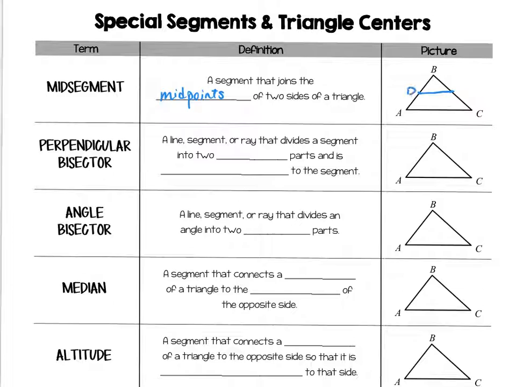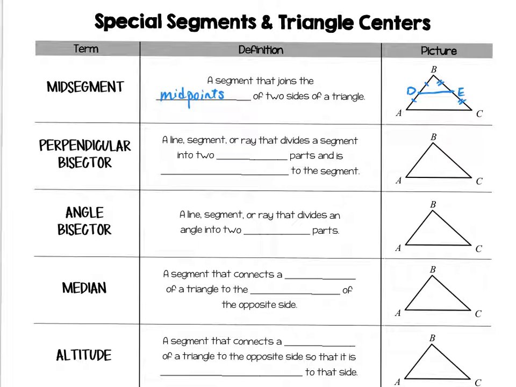Your D is the midpoint of AB, and your E is the midpoint of BC. So you create two pairs of congruent segments.